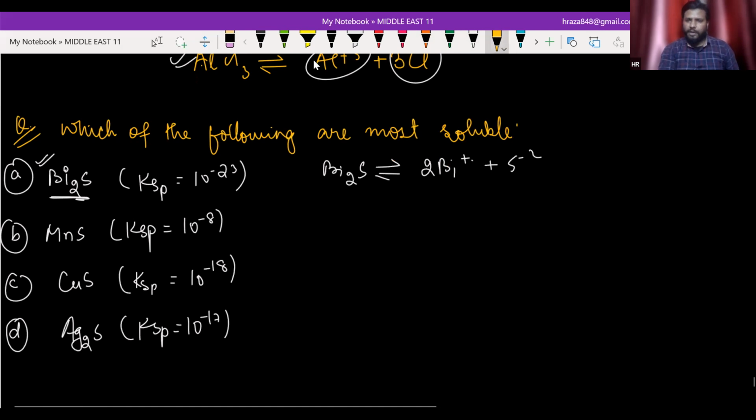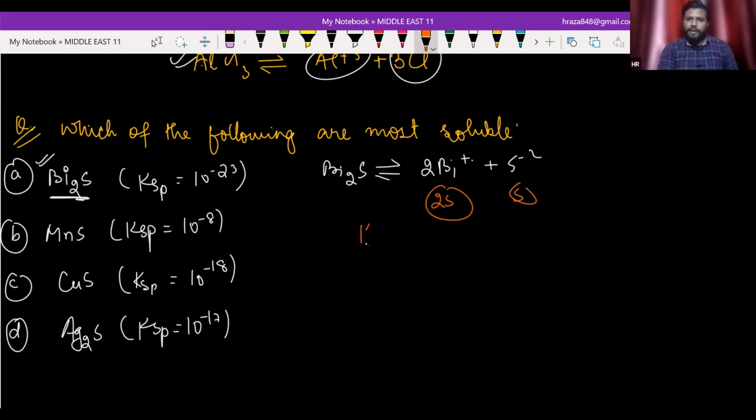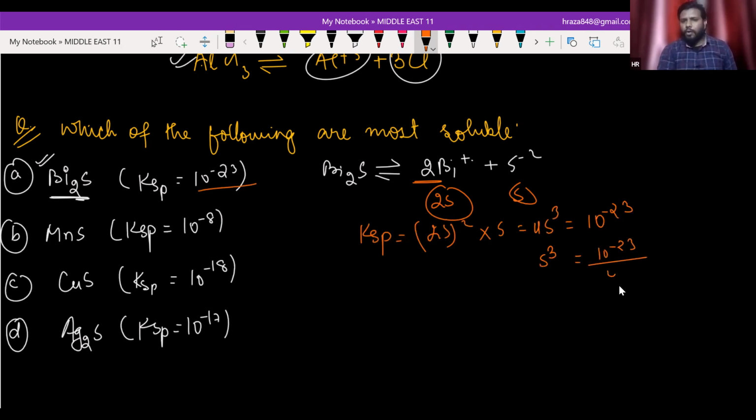Now again, you know how to calculate this. This will be 2s, and this will be 3s, and Ksp will be equal to 2s raised to the power 2, because it has coefficient 2, into s. So you will get basically 4s cube will be equal to 10 raised to the power -23. And approximately s cube will be equal to 10 raised to the power -23 upon 4.